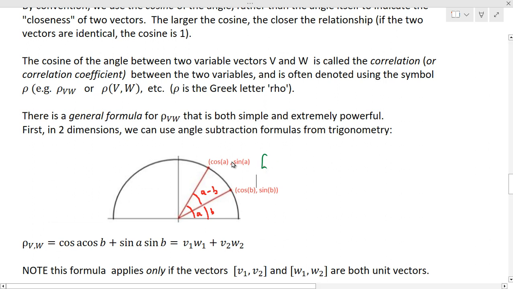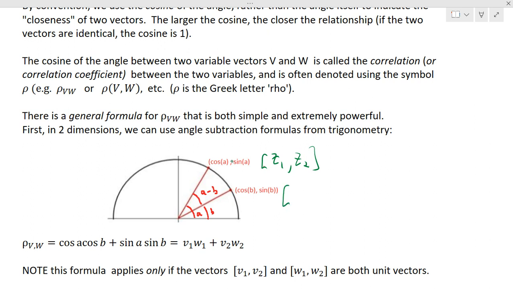Doesn't really matter, it's just a label. So I'll call this vector z1, z2, where z1 is the x-coordinate and z2 is the y-coordinate. And I'll call this w1, w2. I want the cosine of the angle between these two, in this case the cosine of a minus b.